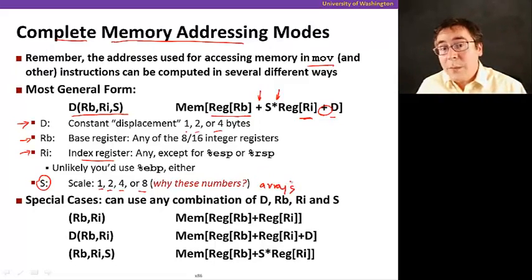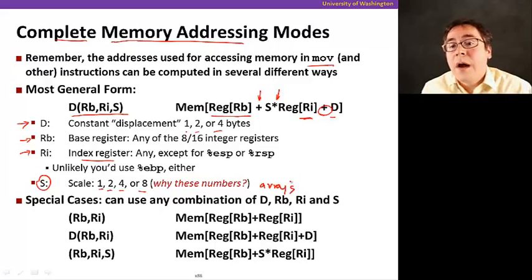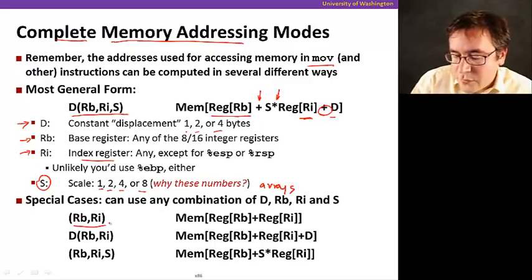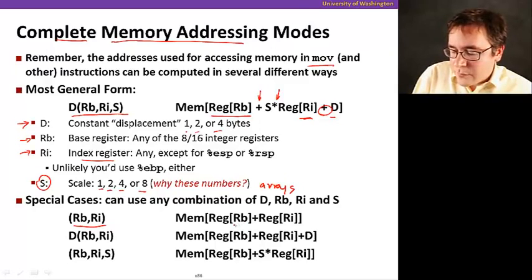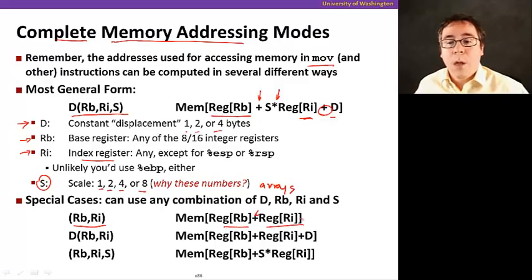By the way, there are many special cases of how to use this complete addressing mode. For example, if you just use (RB, RI) in parentheses, the final memory address is going to be the contents of RB added with the contents of RI, because in this case the scale S is just set to 1.